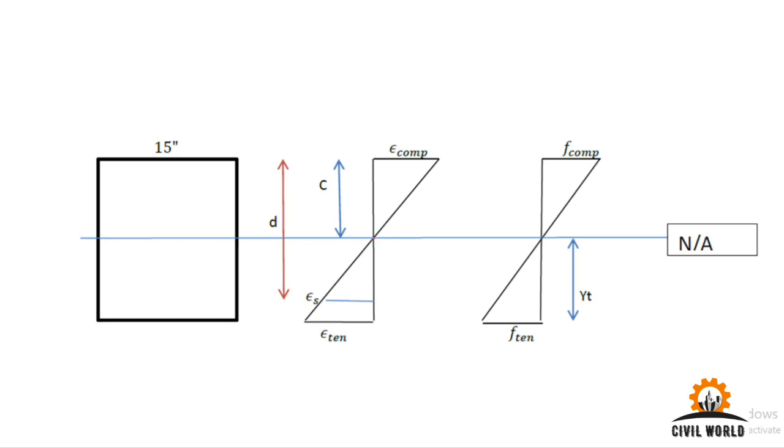The neutral axis is located somewhere, at a distance c from the top fiber, and the extreme tensile fiber of concrete is located at a distance which is yt. We have compression in concrete, and tensile stresses in steel. These are the tensile stresses in concrete.